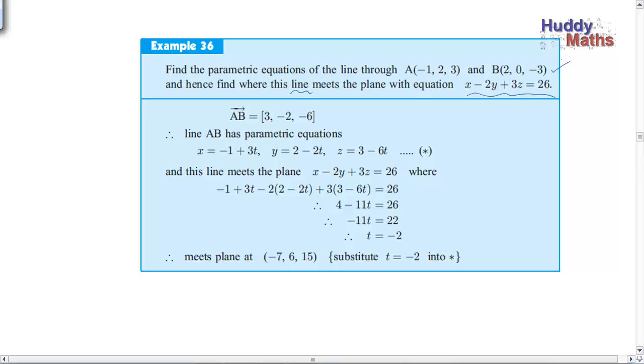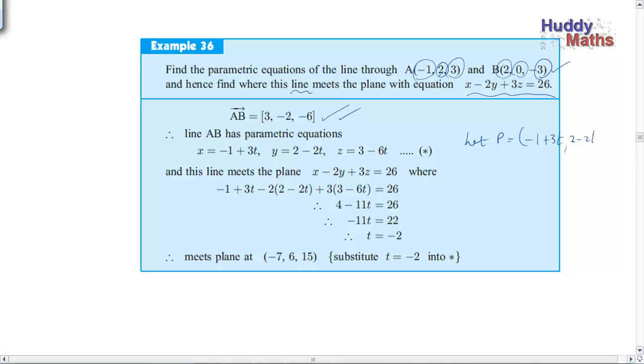So the first thing to do is to work out AB, the vector AB. Remember, second minus first, and 0, take 2, neg 3, take 3, to get this. Okay, so now the most convenient way, as we've said before, to find a missing point is let the point equal these parametric equations.